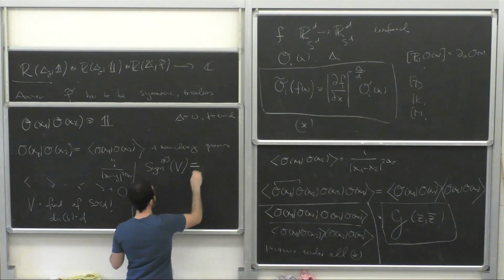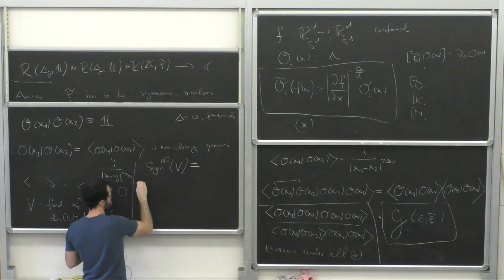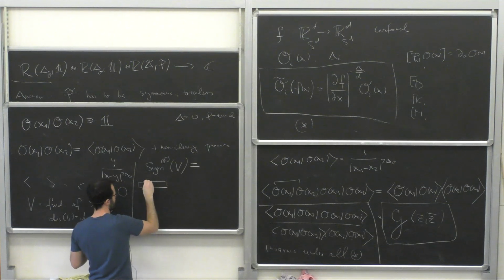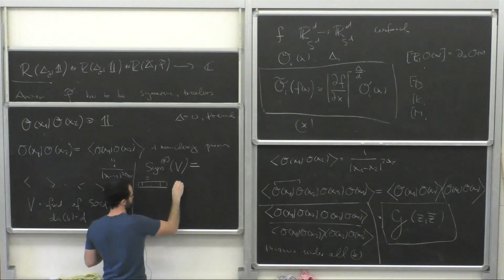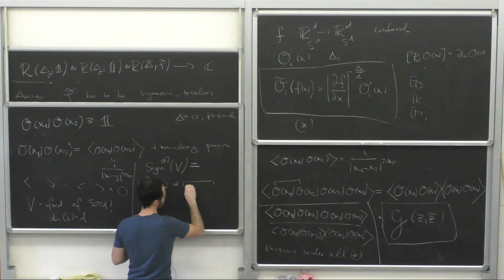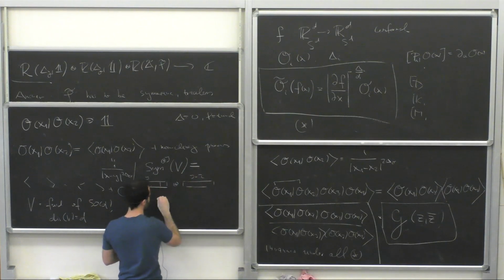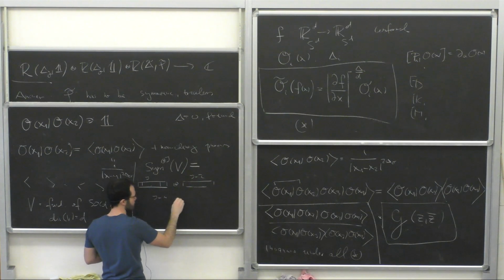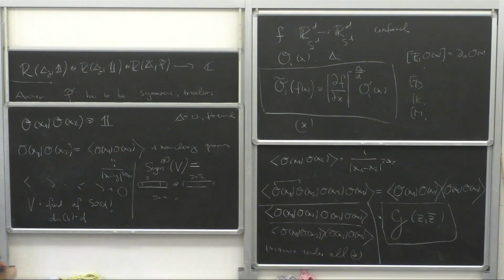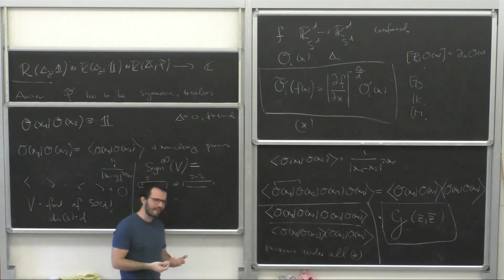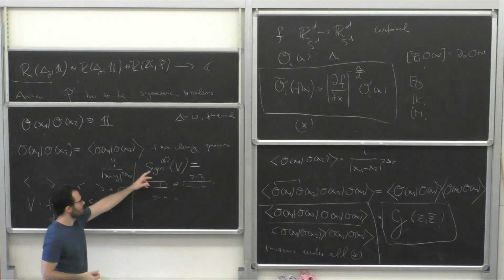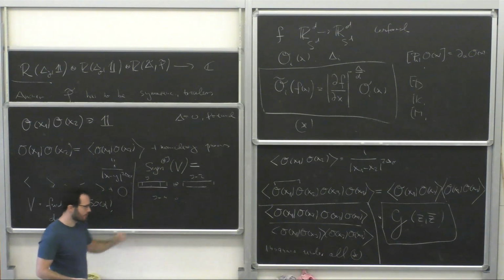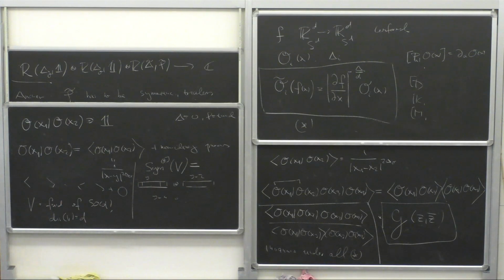It decomposes as a direct sum of the symmetric traceless ones of spin J, J minus 2, J minus 4, and so on. Good? Of course, for SU(N), the symmetric power is already irreducible, so you don't have to do that. But for SO(N), you have to do it.